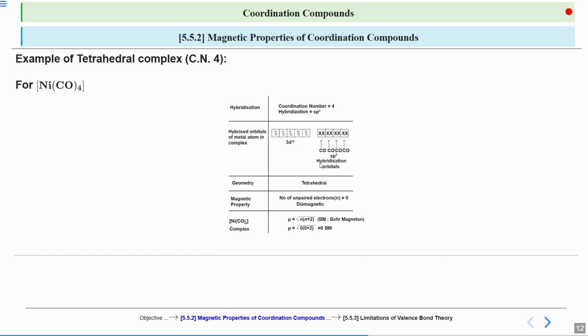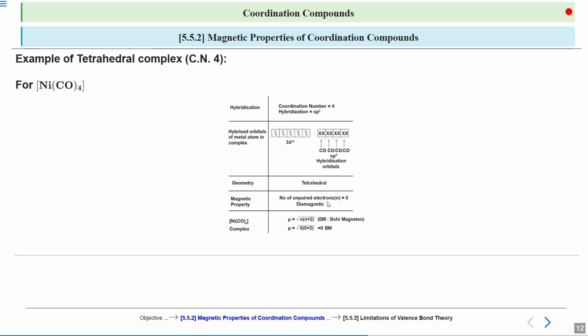For this sp3 hybridization, the geometry it is exhibiting is tetrahedral. And the magnetic property, if you talk about it, we see the number of unpaired electrons. Now if you see the configuration, we have 3d10, that means a fully filled d orbital. That means the number of unpaired electrons is equal to 0. That means the magnetic property it is exhibiting is diamagnetic in nature.